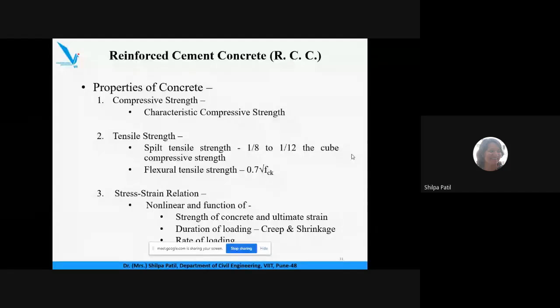So though we are casting 3 cubes made of the same cement, the same aggregates, the same size of aggregate, and the same proportion of all the ingredients of concrete, like cement, aggregate, water, and any admixture, even then we are not getting the same value for all 3 cubes. Am I right? Yes, ma'am. So if instead of 3 cubes you test 6 cubes, you will get 6 different values of compressive strength.